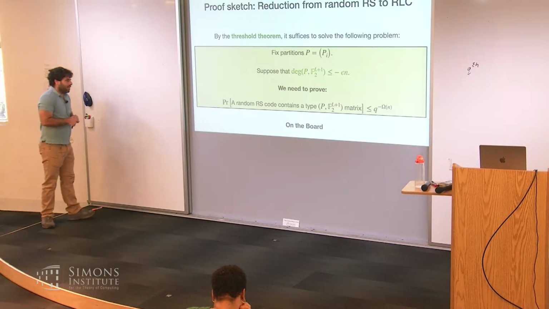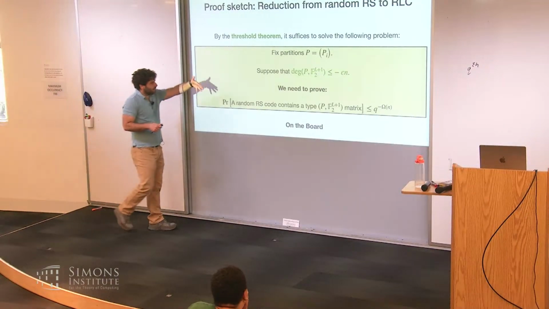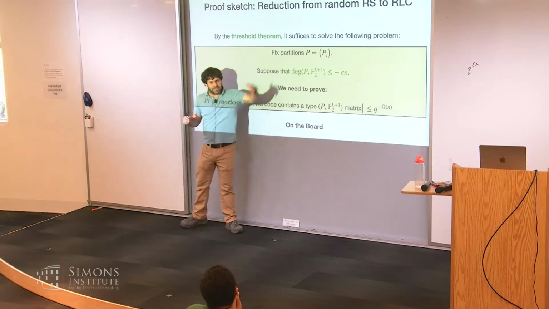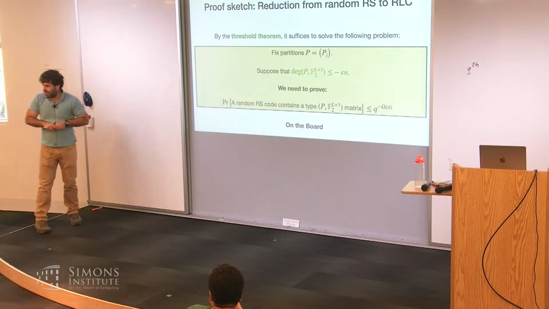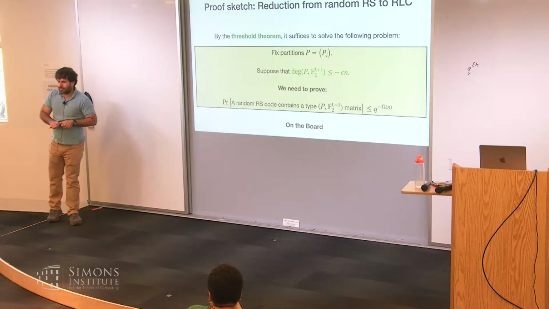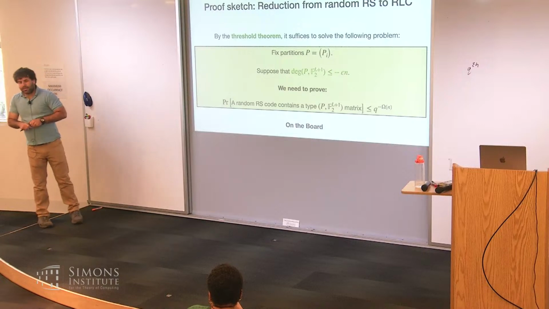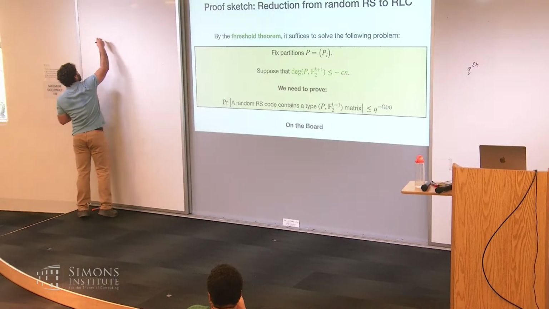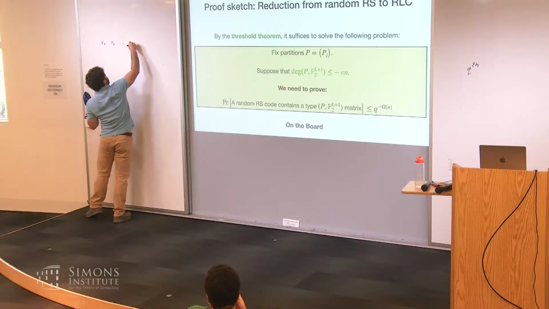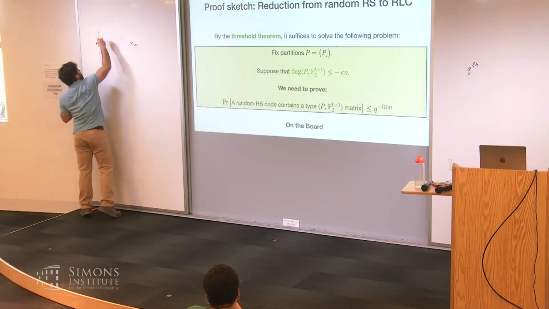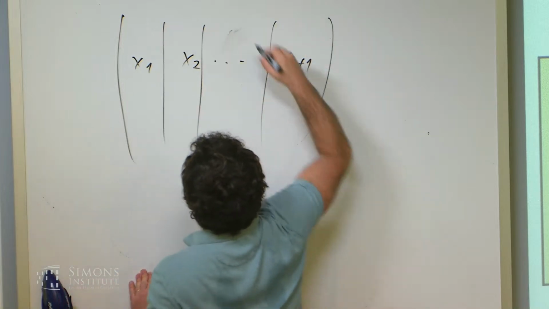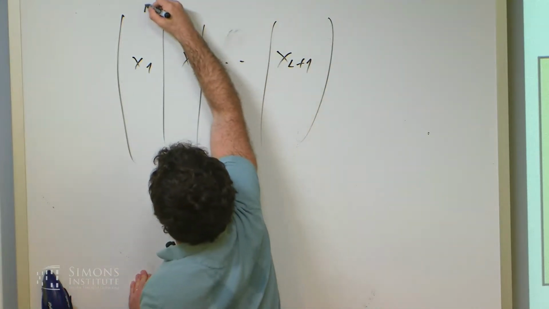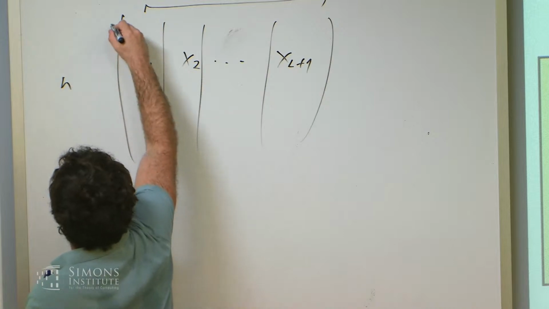Suppose I have some coordinate in my code, and I'm going to have these tuples. Let's write them as a matrix: x1, x2, all the way to x_{l+1}. These are going to be columns, so I have a matrix of dimensions l+1 by n.